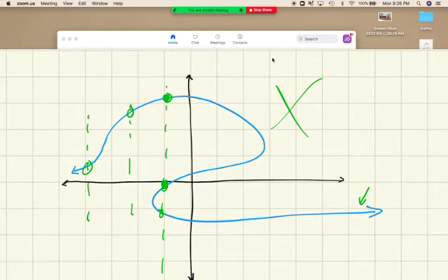So it's really like, are you able to draw a vertical line, and does that vertical line only touch in one spot? And if it does only touch in one spot, then you do have a function. If it touches in more than one spot, then you don't have a function.